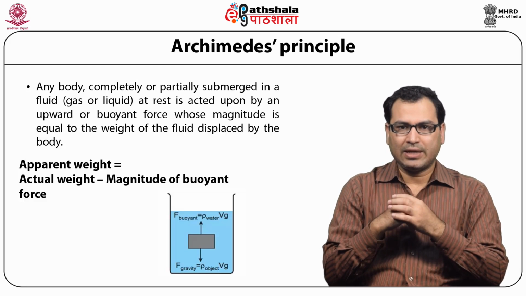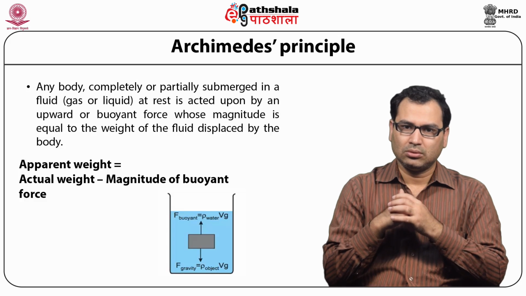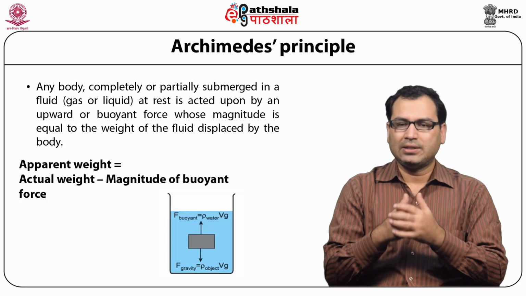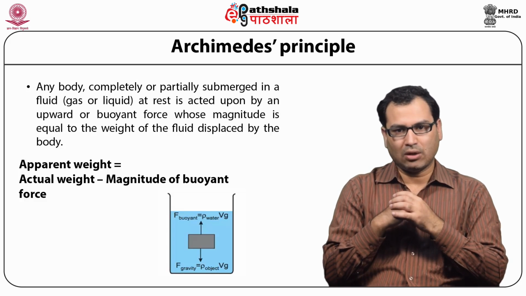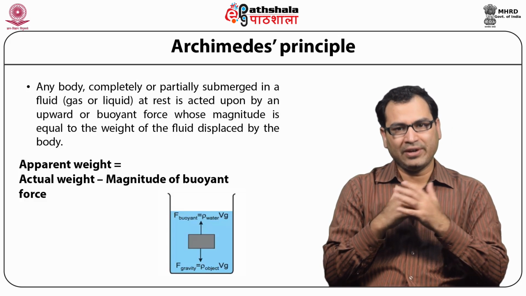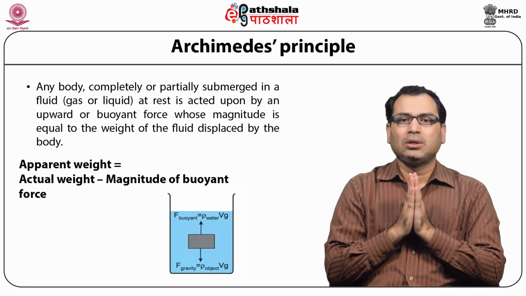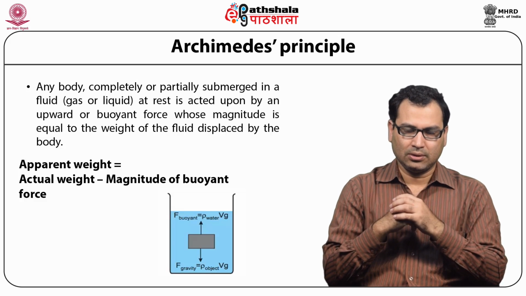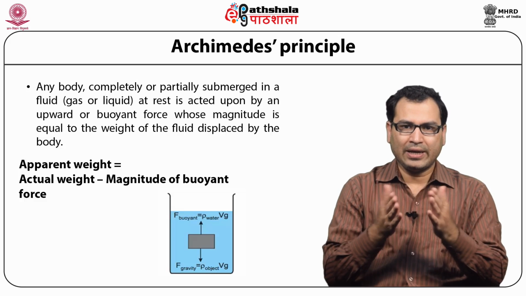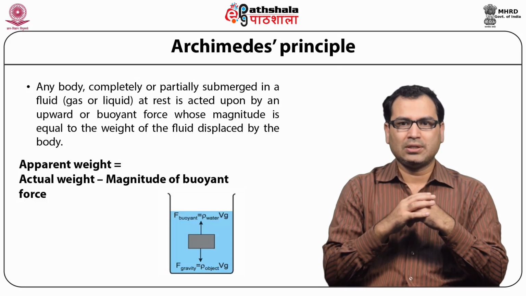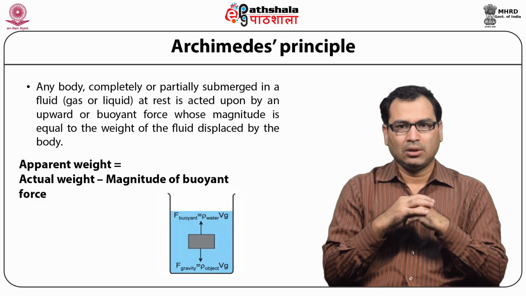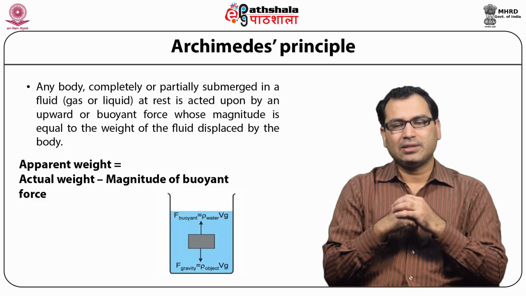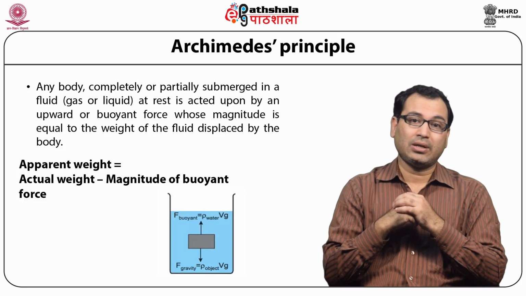The mass is basically the density times volume. That is the weight, the first force, which is acting downwards on the block. If it is floating inside the fluid, it means the buoyant force also has to be equal to the weight. So in that case, if the block is inside the water, the density of the block and the density of the water have to match.